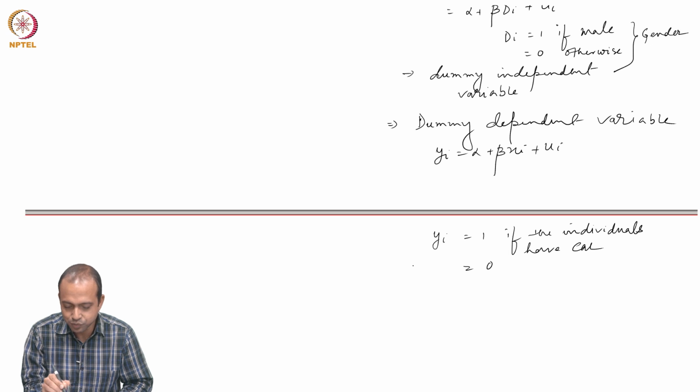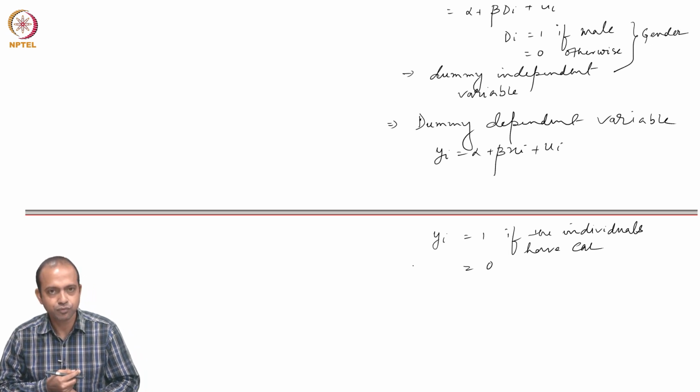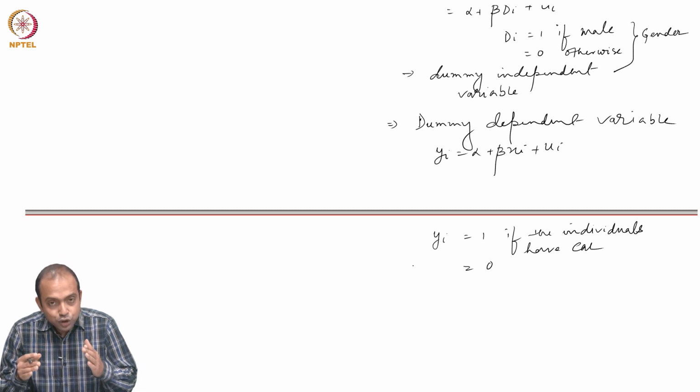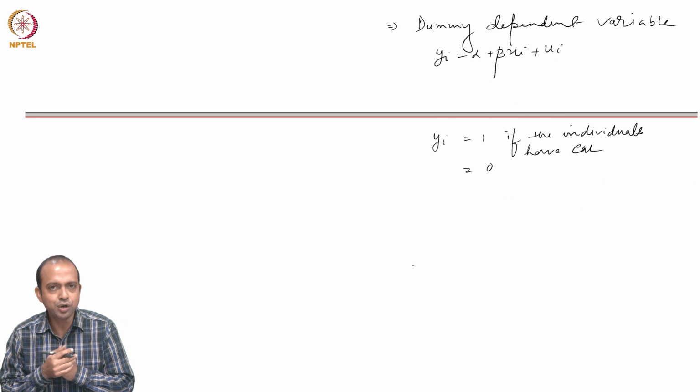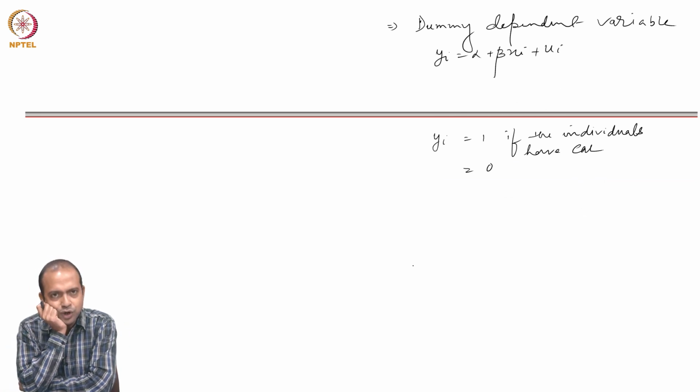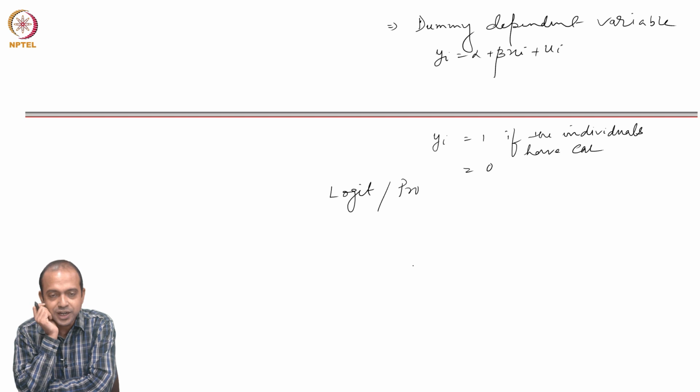That is the first set of qualitative response models. But we can also have situations wherein we have limited information on y. For example, if I would like to know the elasticity of income on automobile expenditure, then what do I need to do?